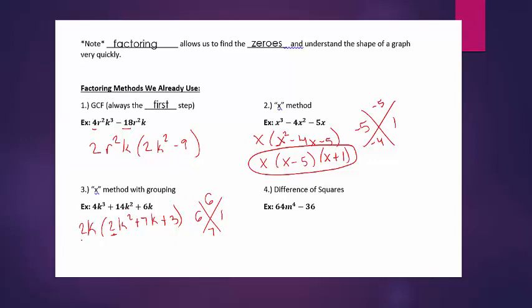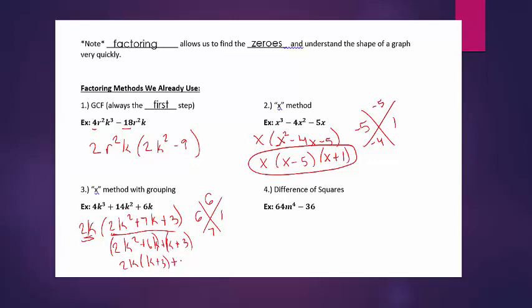So I'll just ignore this 2k for right now. I'm going to focus on the quadratic part, and we're going to rewrite it as 2k squared plus 6k plus k plus 3. We're going to group it up, pull out the GCF of 2k. You always have a GCF.